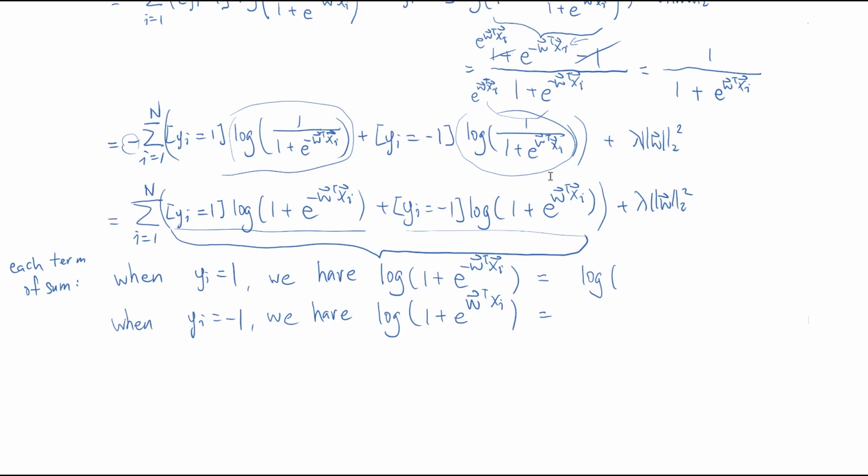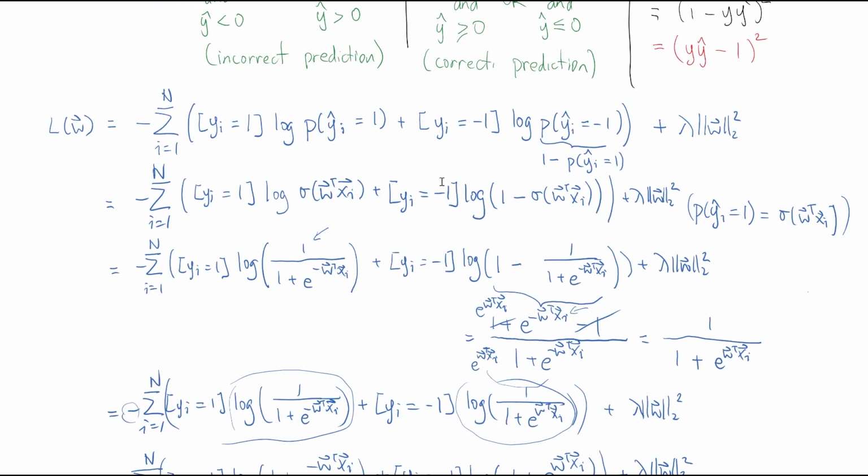Remember that the probability is given by the sigma of W transpose X expression over here. But actually, logistic regression is very similar to SVM in the sense that when W transpose X is greater than 0, we predict one label and we predict the other label otherwise.